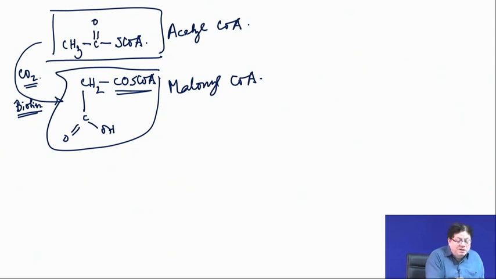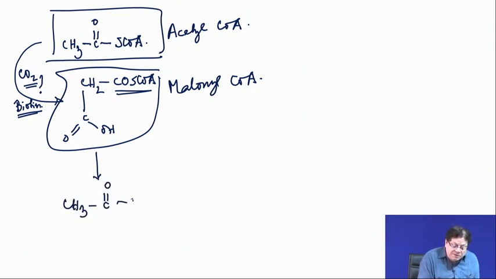Okay. I leave the mechanism of this reaction, the biotin mediated carboxylation of acetyl CoA, for the students who are attending this course. So, this comes from the carbon dioxide, bicarbonate basically. Okay. Now, these two are the two units which react together and form CH3 CO, CH2 CO, S, CoA, plus carbon dioxide.